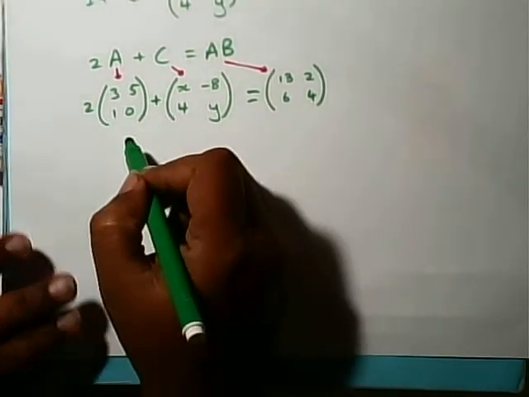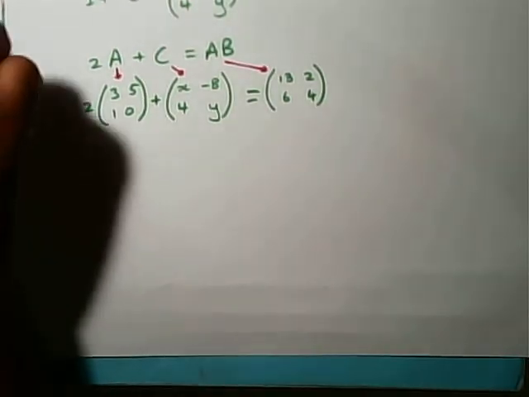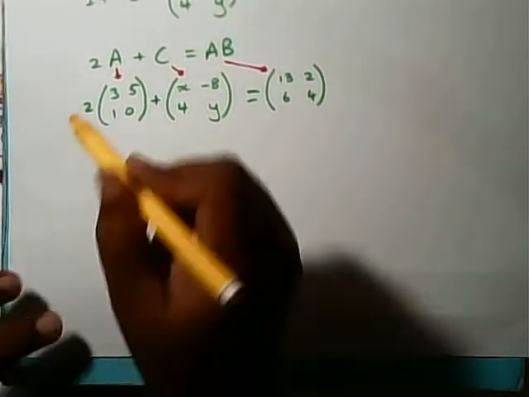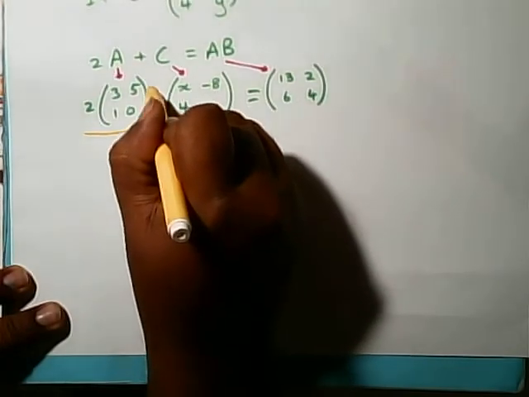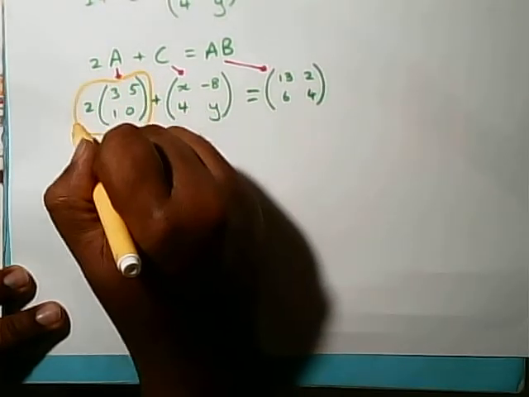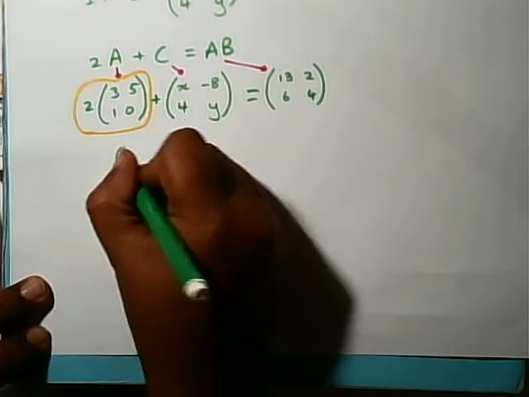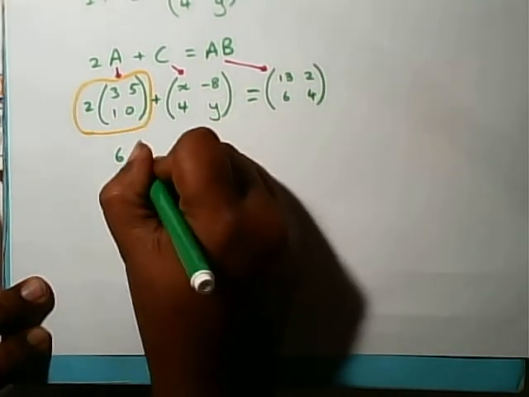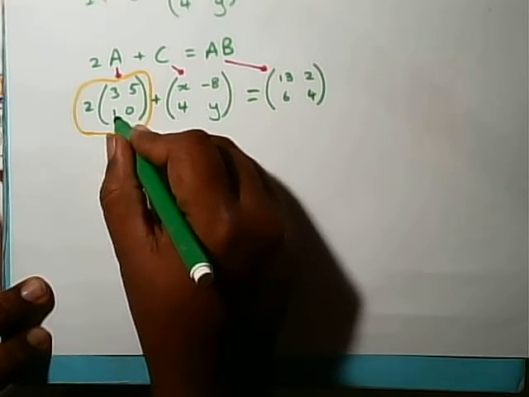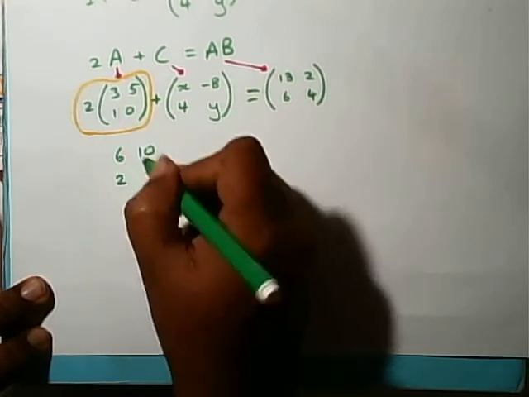Let's work out this piece first. Scalar multiplication: 2 3s are 6, 2 5s are 10, 2 times 1 is 2, 2 times 0 is 0.